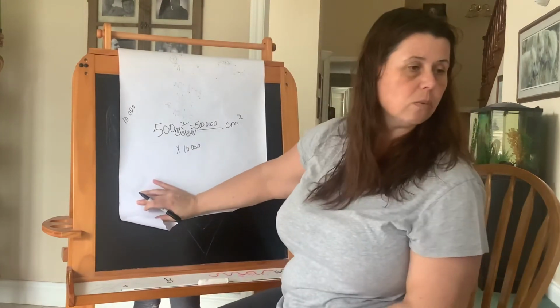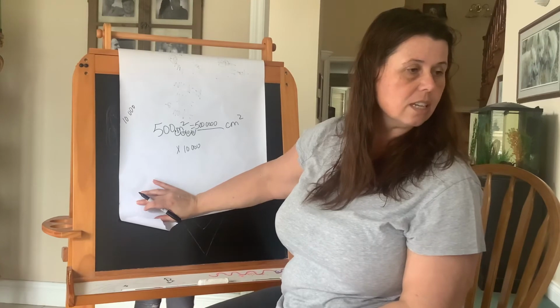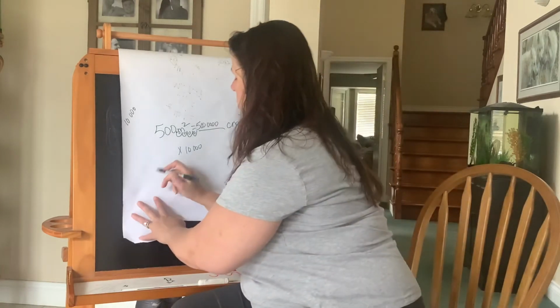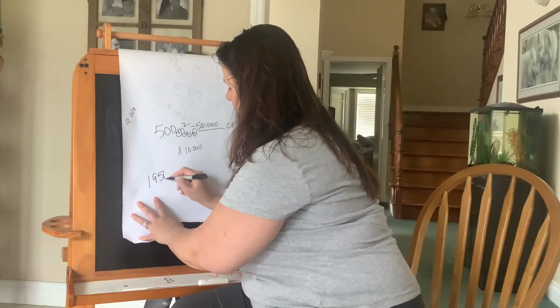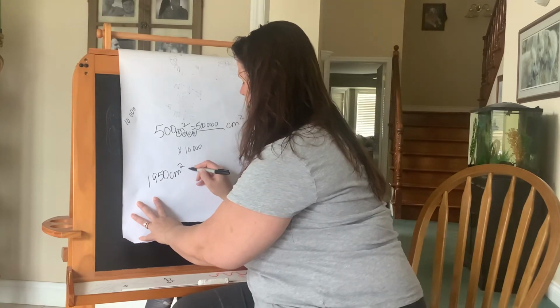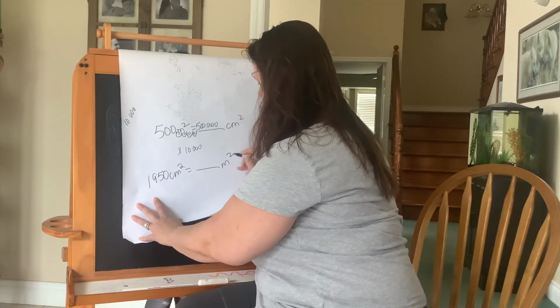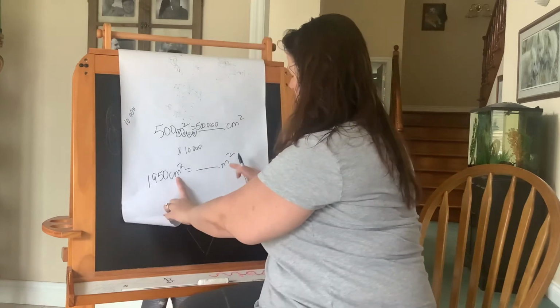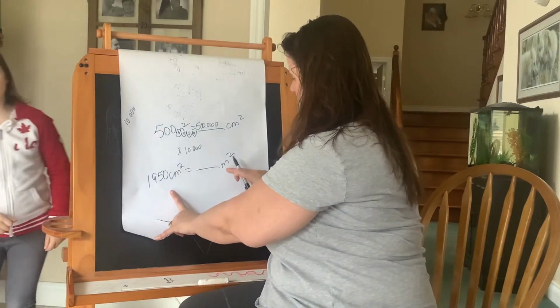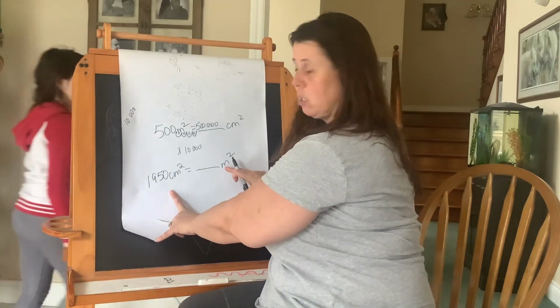Second one, actually, let's choose one where I'm going the other way so you can see. Okay, so 1,950 centimeters squared is how many meters squared? Now, I'm going from small to big, so it's going to take way less of these to cover the same space.